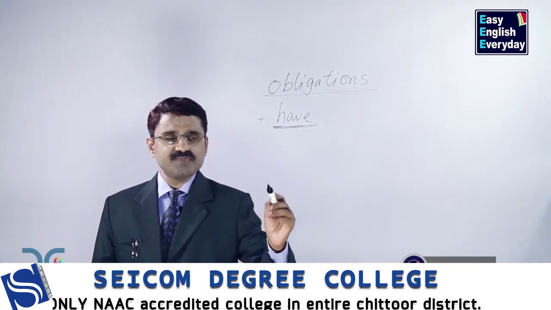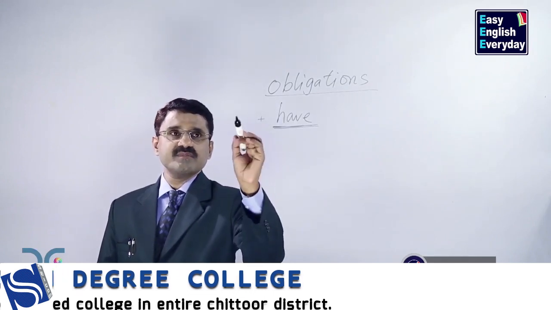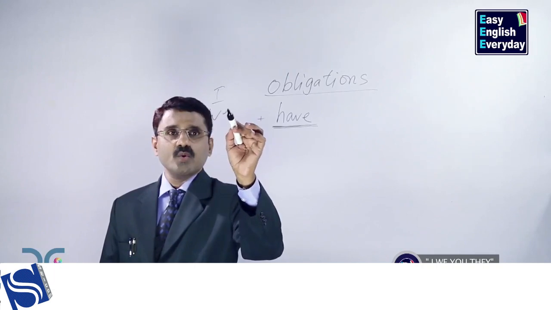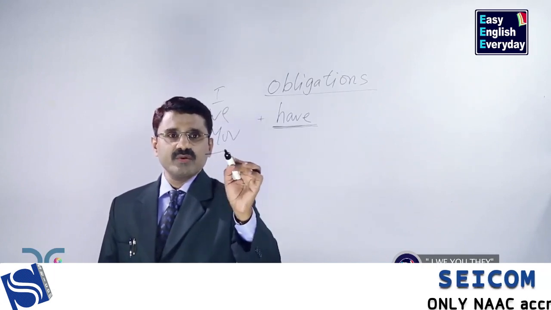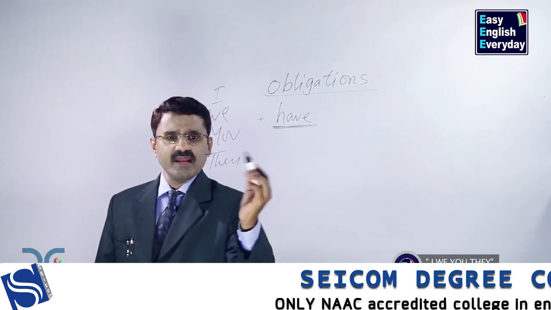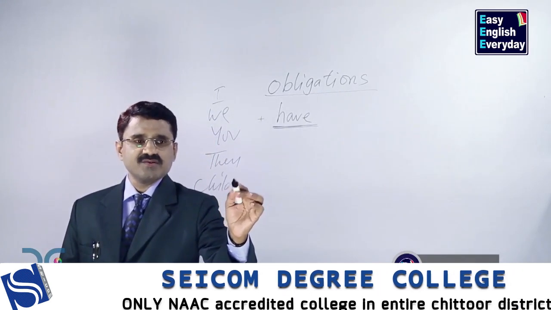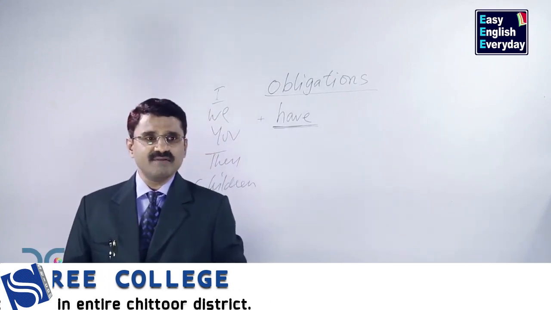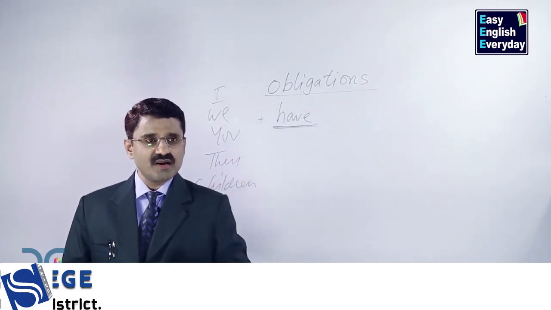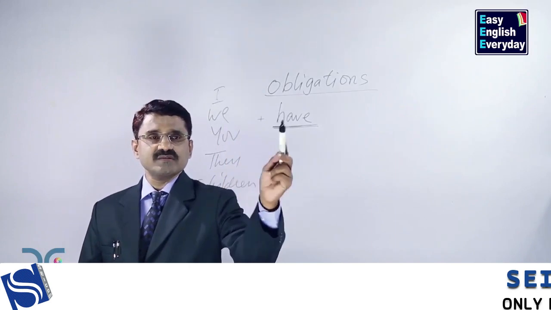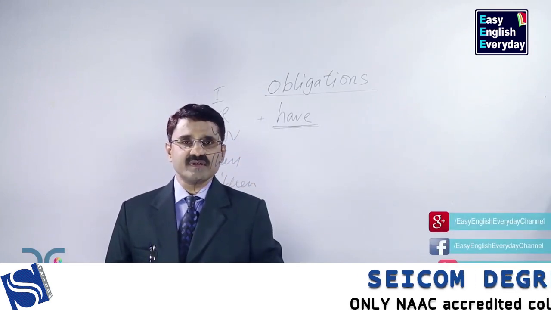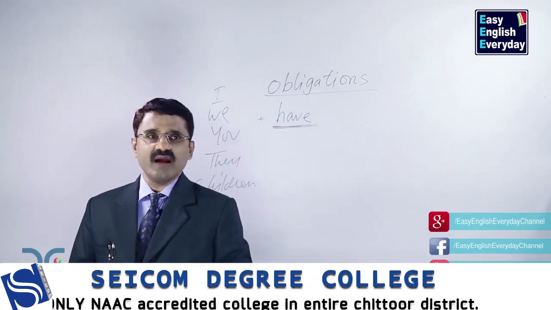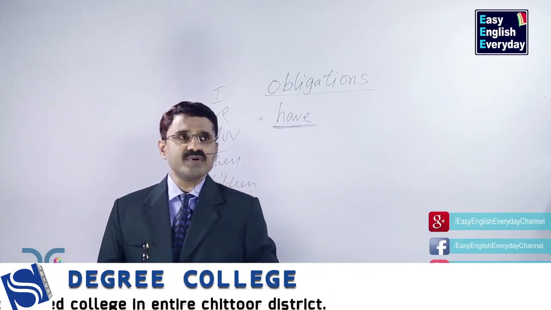He always indicates present tense, and you can use him with 5 people: I, we, you, they, any plural noun, let us say children. I have, we have, you have, they have, children have. So you have to repeat this loudly a number of times so that you remember who are those people who can go with have, and it indicates present tense.